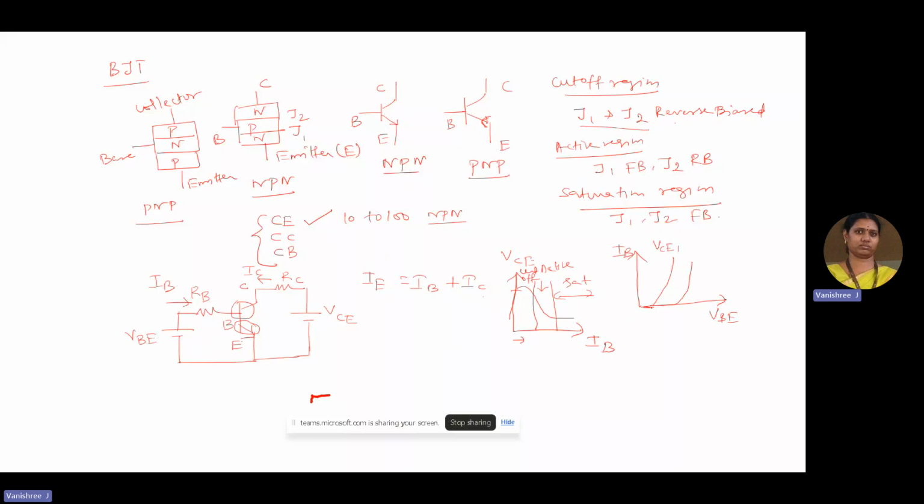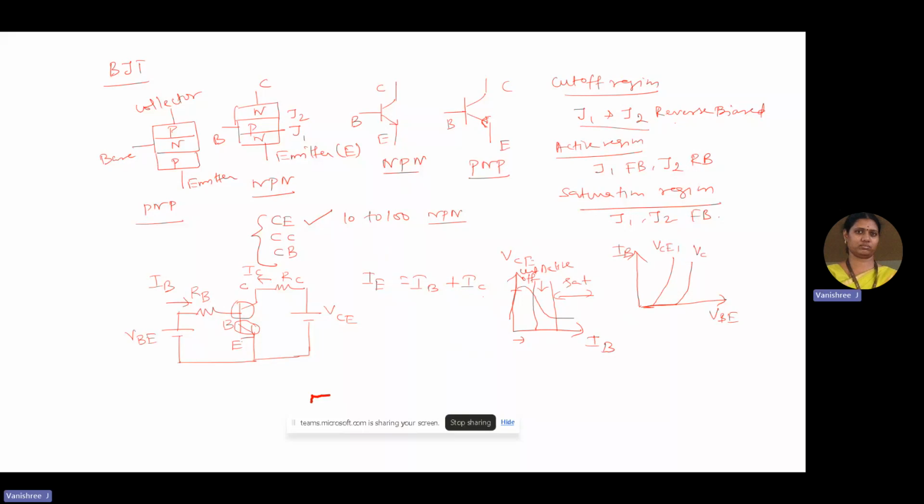Then as we proceed with the second constant value of VCE, again some magnitude of VBE needs to be spent in order to overcome the barrier potential and to force through the current.